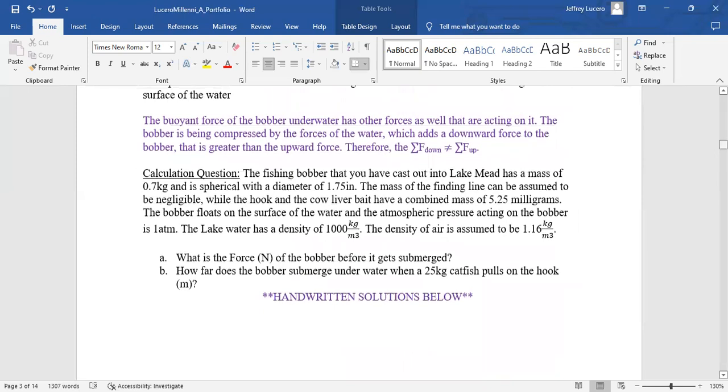So for the calculation question, I have all of the information in the calculation question. I want to go into what I did for my solution to get what the force is and how far the bobber submerges underwater with a 25 kilogram catfish.